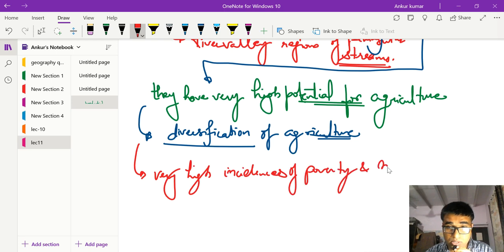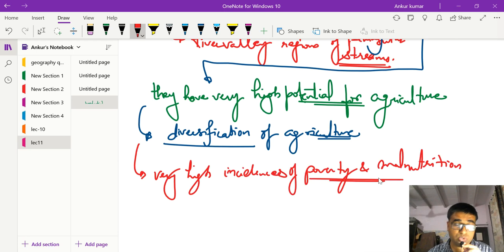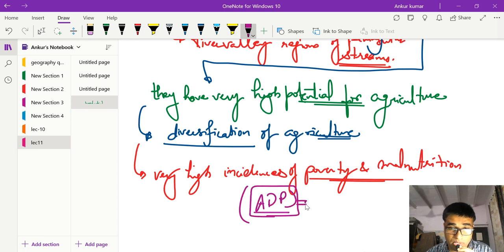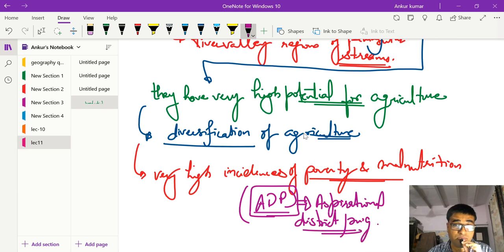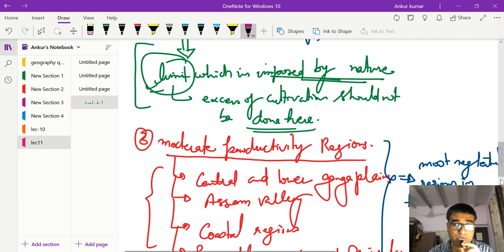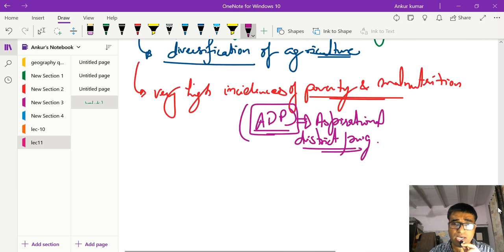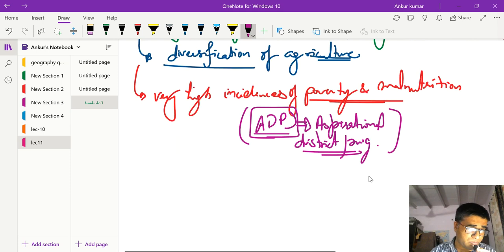So these regions need to be made self-reliant and properly supported, and for this purpose the government initiated the aspirational district program. Many districts of the moderate and low productivity regions are included in it.